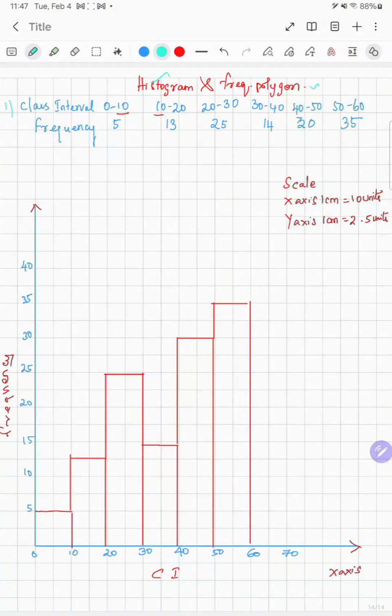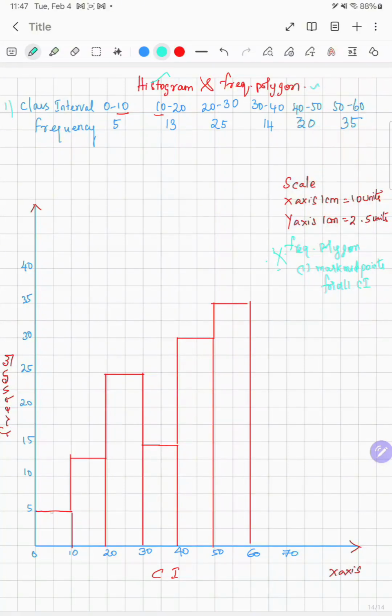For the frequency polygon, mark the midpoint for all class intervals. That is our first rule. Remember this, it is important.